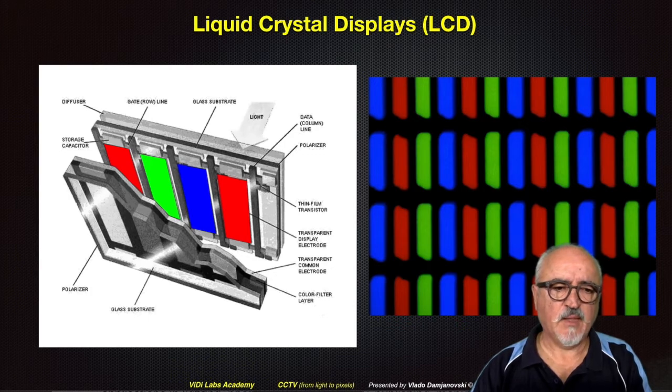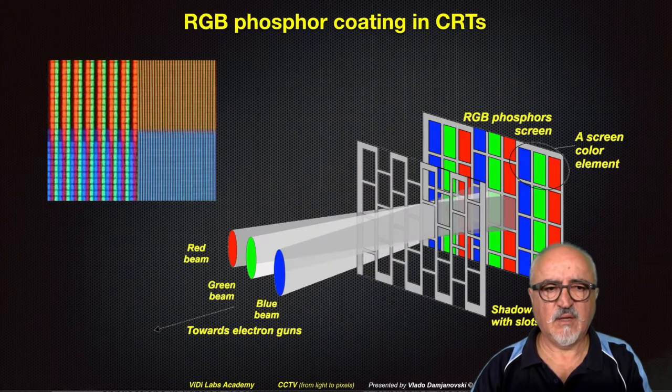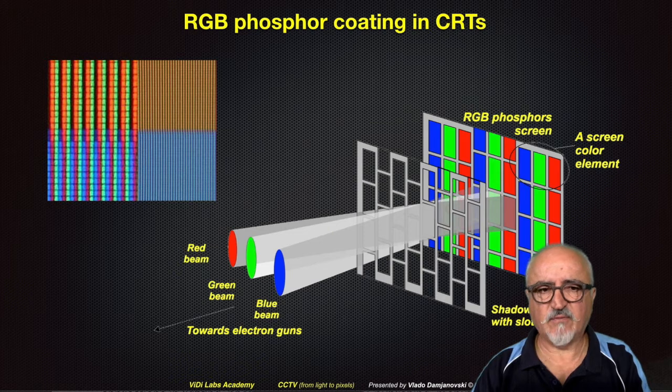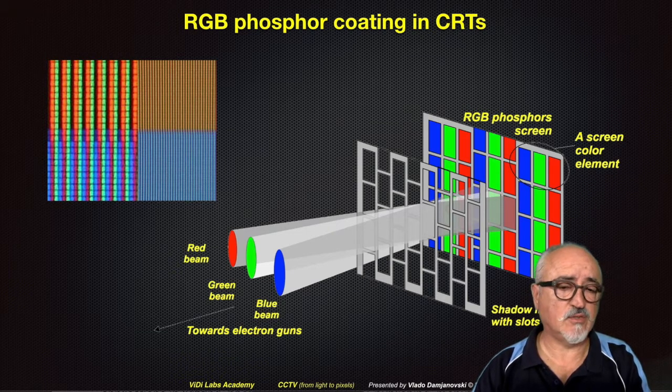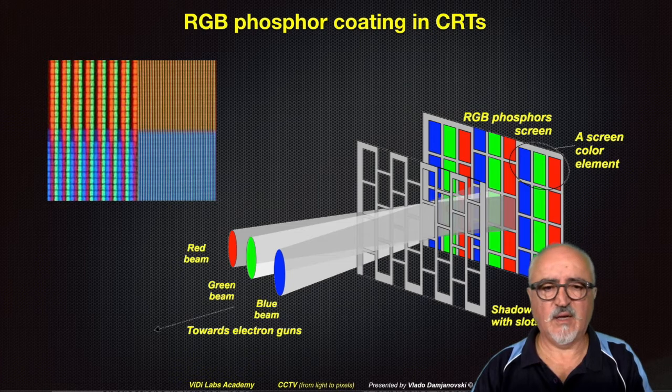In the past, the concept was the same. The only difference was we had phosphor coatings on the cathode ray tubes, on CRTs, and these phosphor coatings were producing predominantly red or green or blue color. We had so-called red, green, and blue electron beams, which were really not colored electron beams.